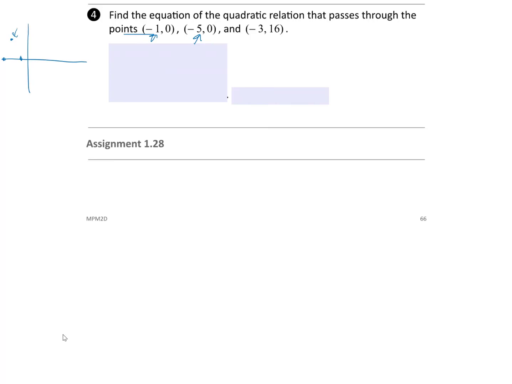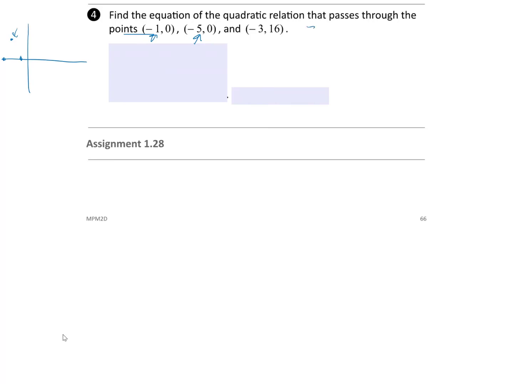You could determine if it's the vertex if -3 is exactly halfway between -1 and -5. That would be where your vertex is, because your vertex is always halfway between your zeros if you have two zeros. In this case, let's assume we don't know that. So we do know our zeros.